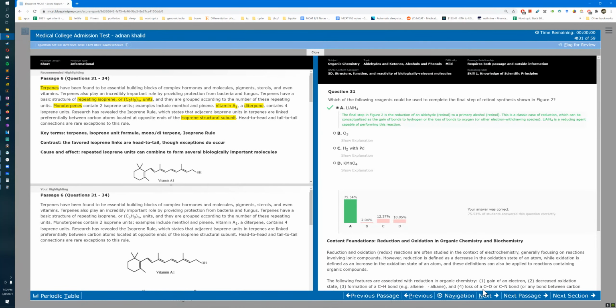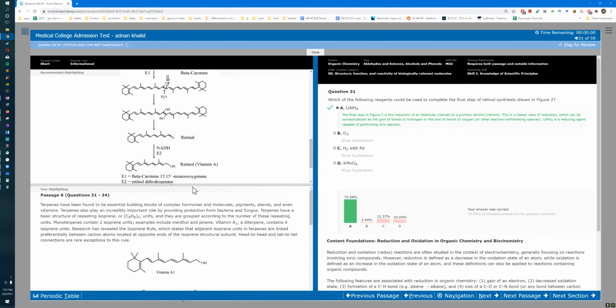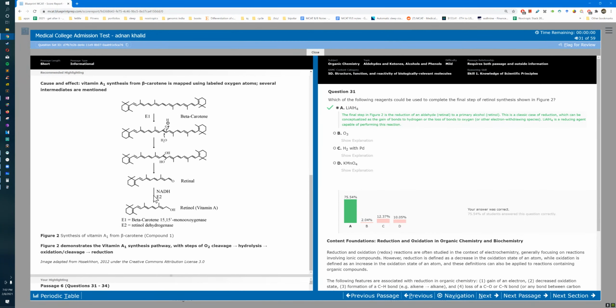This, okay, so retinol synthesis, talking about the final step here. So NADH, E2, so that's a dehydrogenase, right?